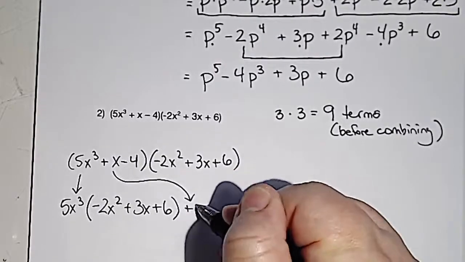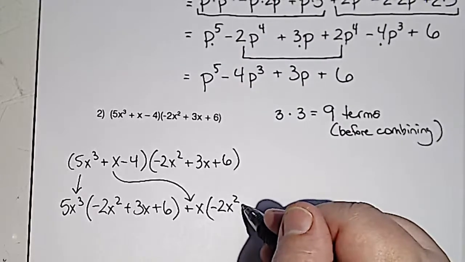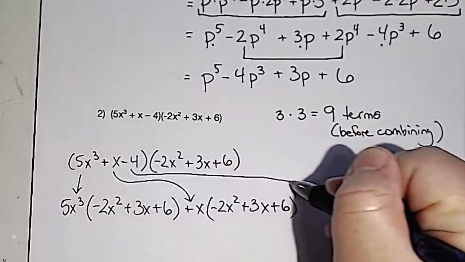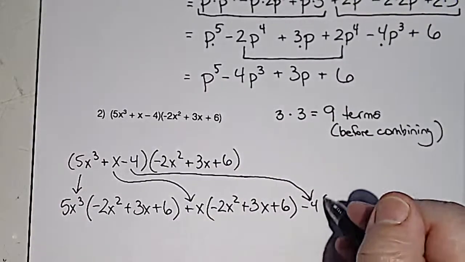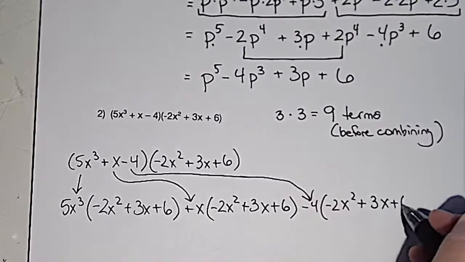Next up, plus x times the whole second trinomial, negative 2x squared plus 3x plus 6. Last one, minus 4 times the whole, negative 2x squared plus 3x plus 6.